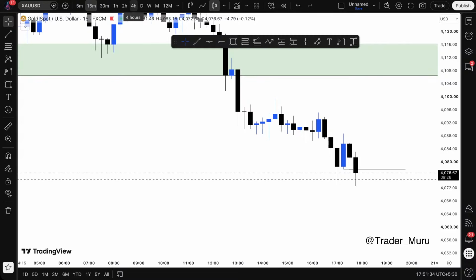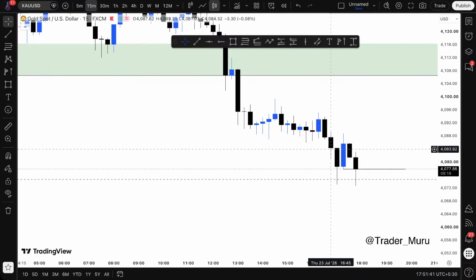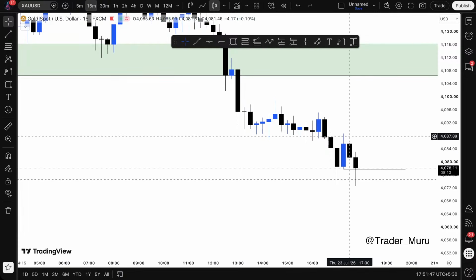Seems unemployment news will be bullish for gold. Yes, it looked like it, because this momentum was bearish and price broke this momentum before the news. So that's why it looks like price can go bullish here.